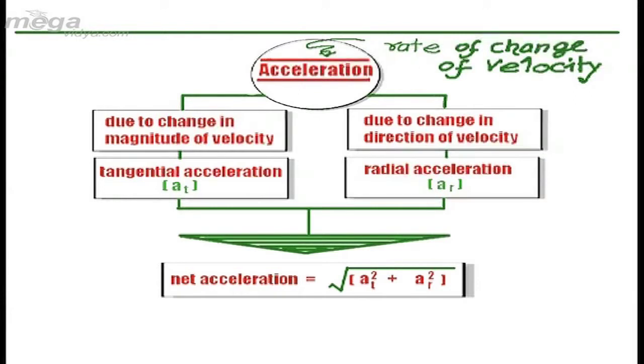Remember, if acceleration is due to change in magnitude of velocity, then it is termed tangential acceleration. While if acceleration is due to change in direction of velocity, then it is radial acceleration, because its direction is always along the radial direction.